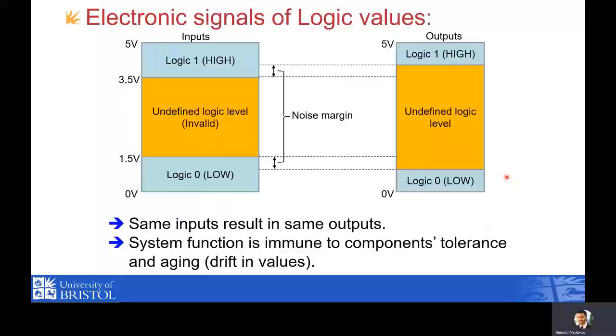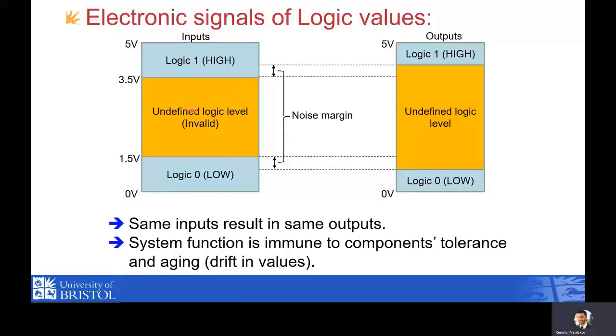Now, by using NMOS and PMOS, as you're going to see later on, we can construct more sophisticated circuits. Talking about the electronic signals of logic values, in digital systems, there is a gray area where you've got noise.